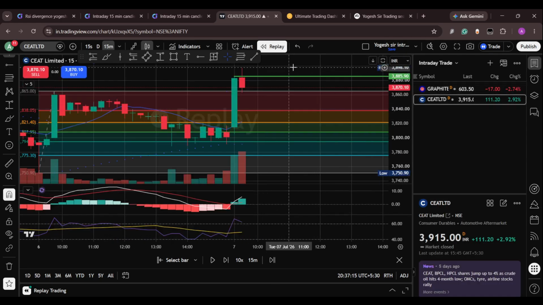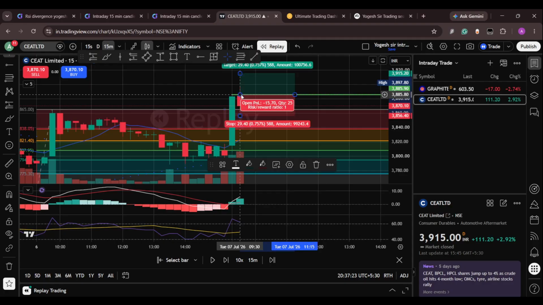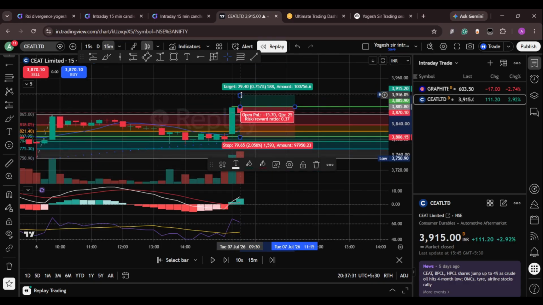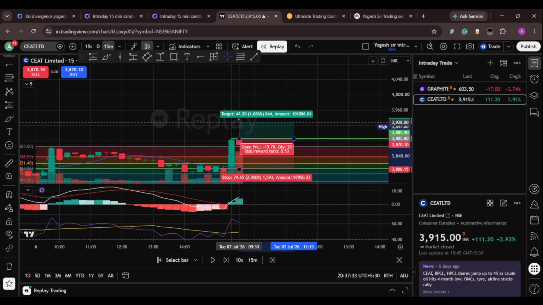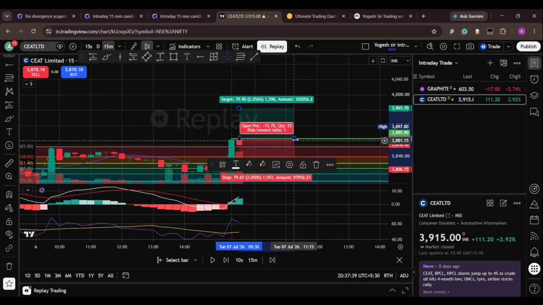Okay. So my entry is going to be right here. I will keep my previous candle low as my stop loss, and I will take a 1:1 trade.